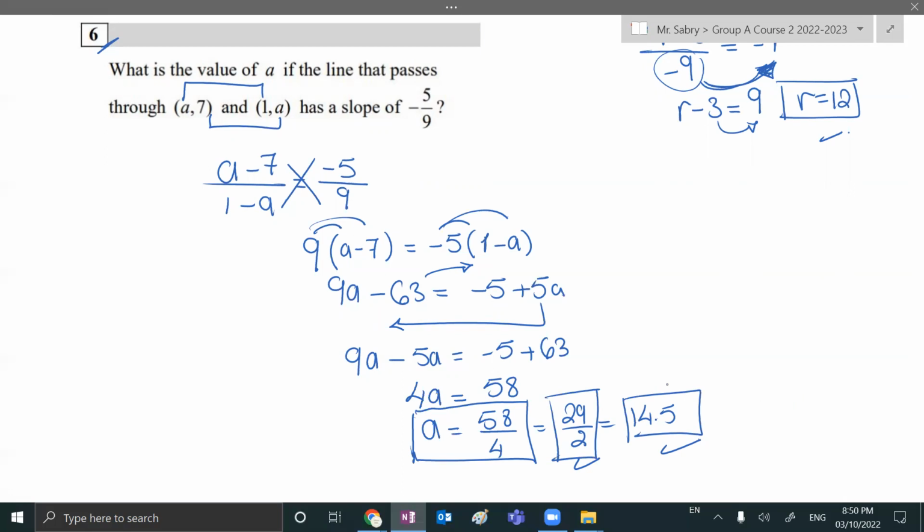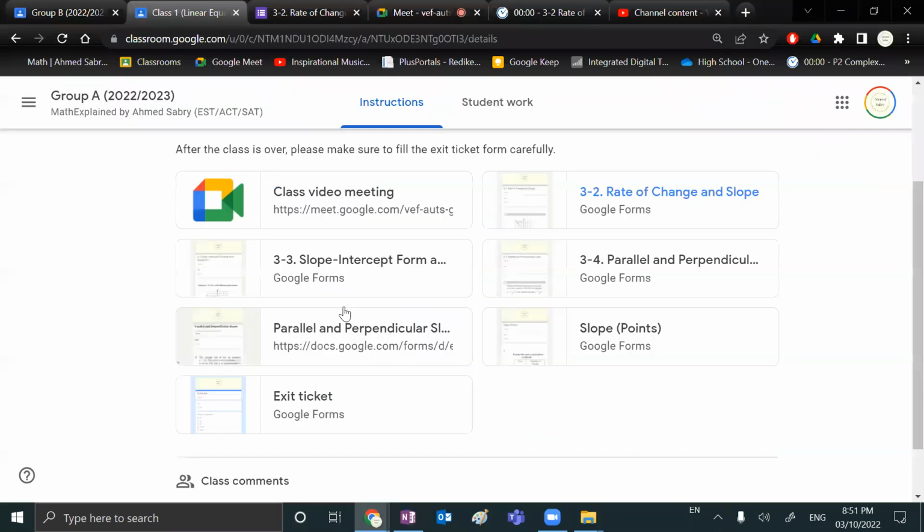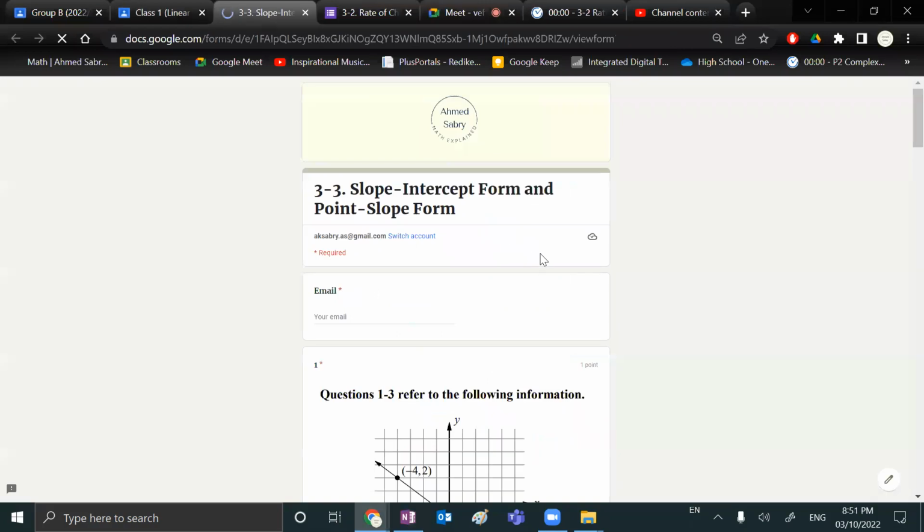Are we all good? Are there any problems with any of the questions so far? No. Okay. Now let's move right away to 3-3, slope intercept form, because those are all about equations.